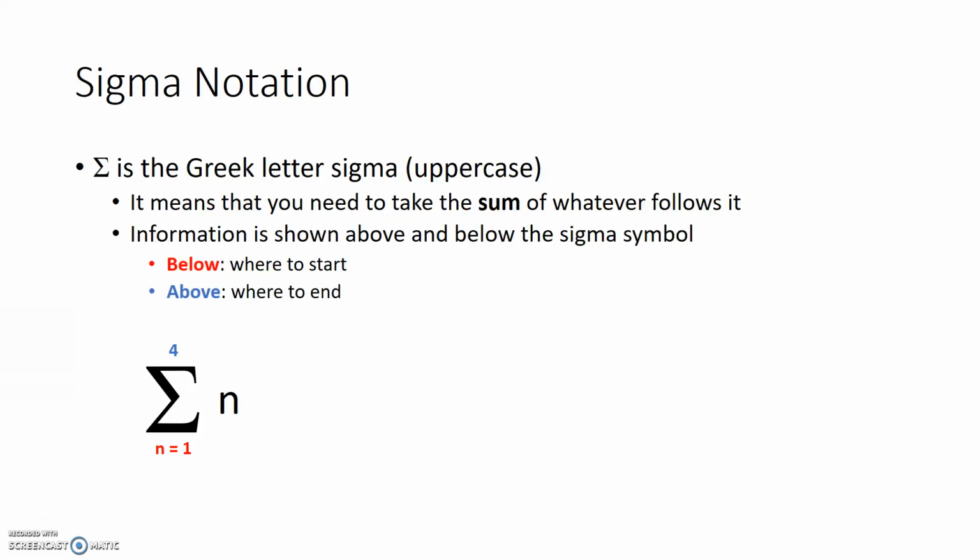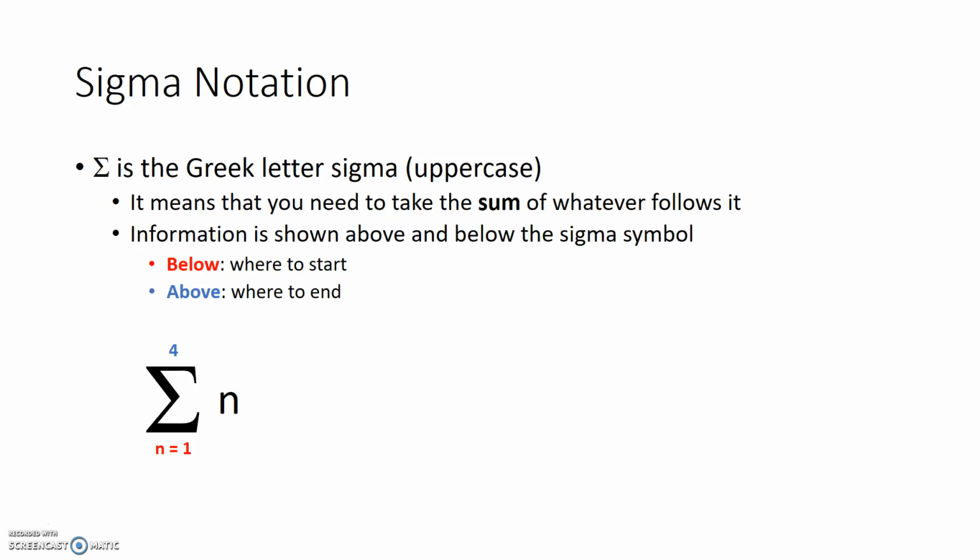And we have some information sometimes above and below that Greek letter sigma. So if you have something below, in this case, n equals 1, that's telling you, for any n you have following it, start by substituting 1 in there. And then next you'd go through the whole thing again and substitute 2.